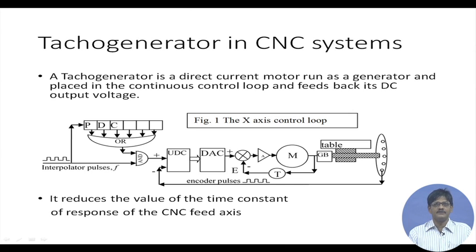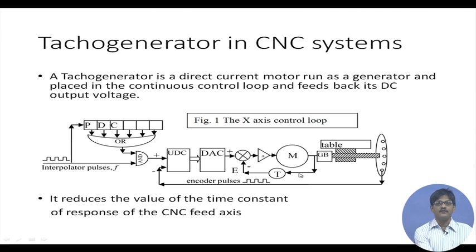This can be achieved by making the time constant of the system of this particular axis, that means all the rotary devices taken together, small. That means the response of this system to, say, a step input like a step voltage to the motor has to be very fast. In order to make this response very fast, we use a tachogenerator, which is nothing but a DC motor run as a generator.